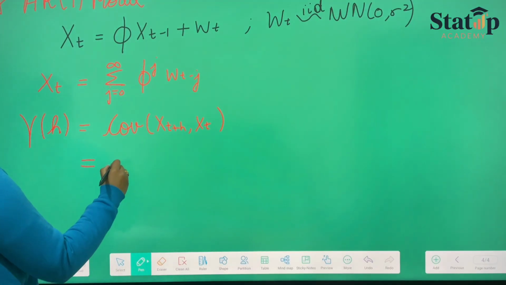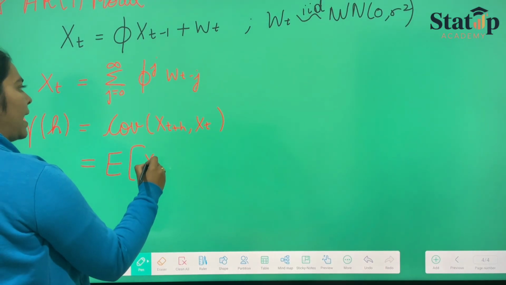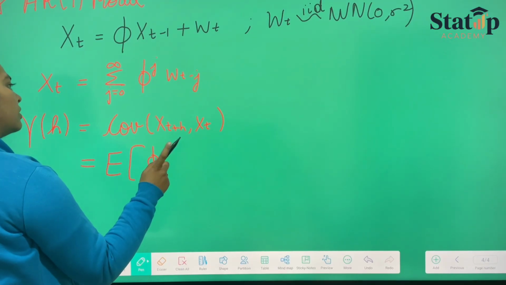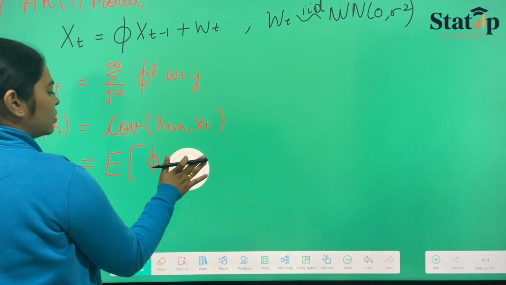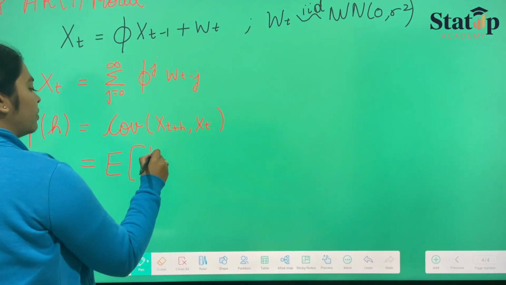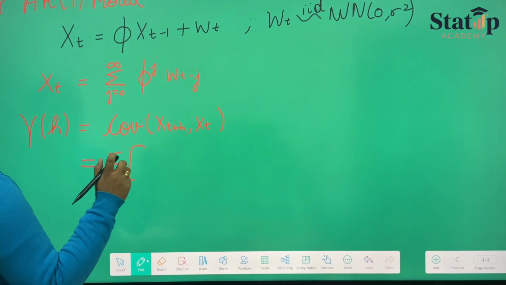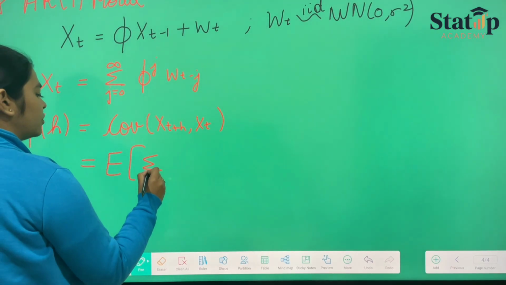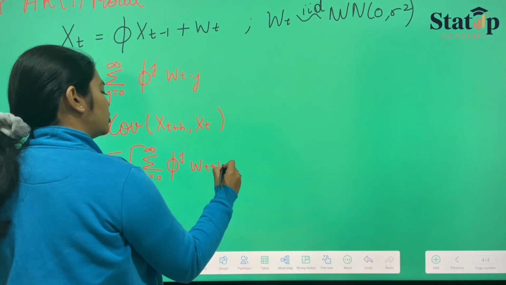If we open this bracket, I can write the covariance as the expectation of x_(t+h), where x_(t+h) can be written as the summation j goes from 0 to infinity phi^j w_(t+h-j).